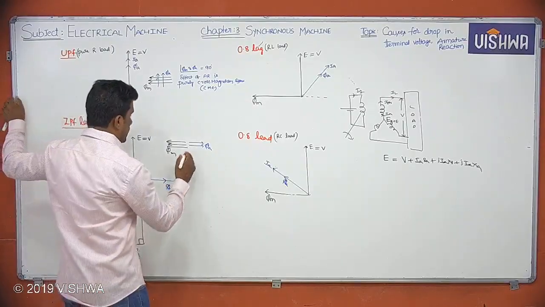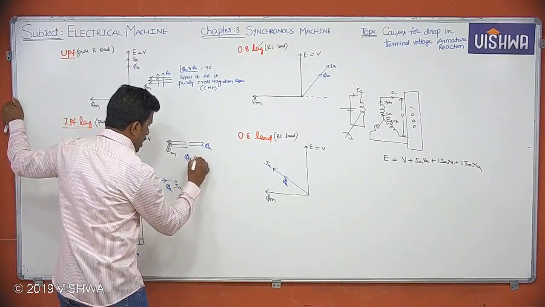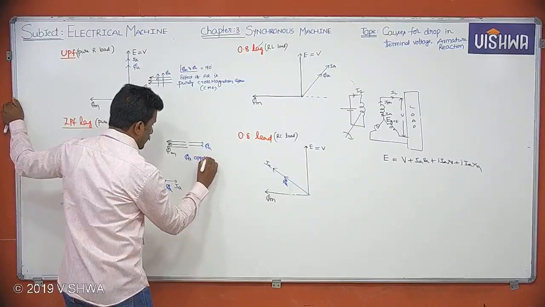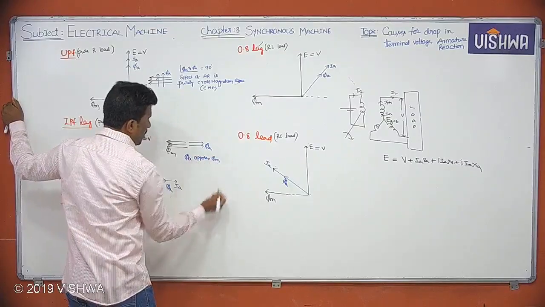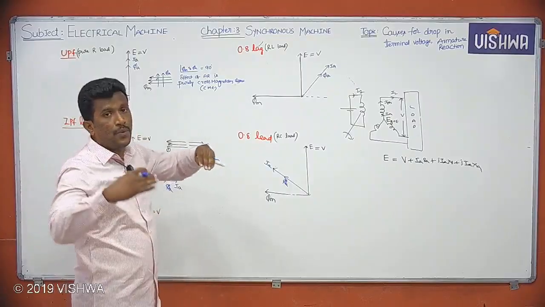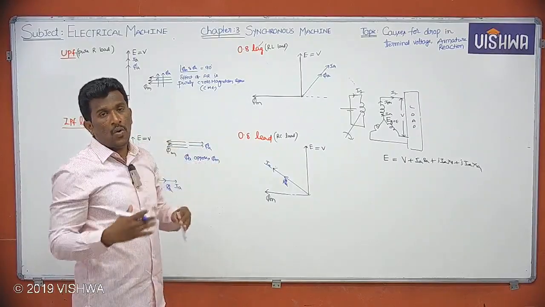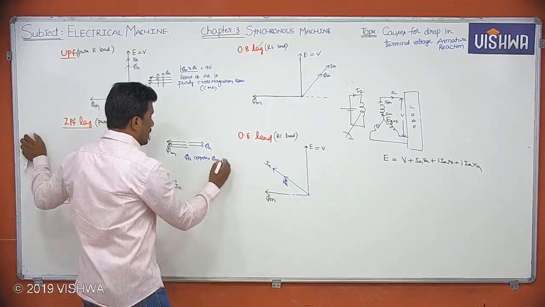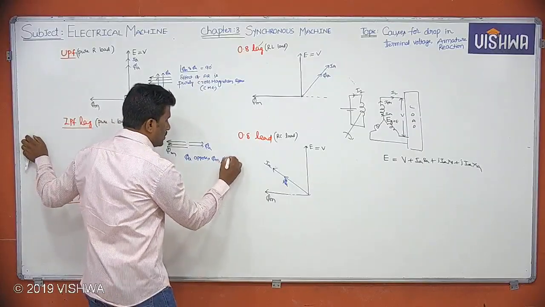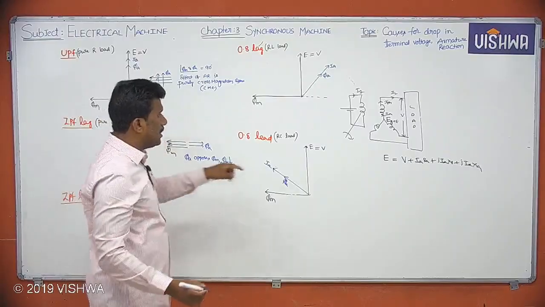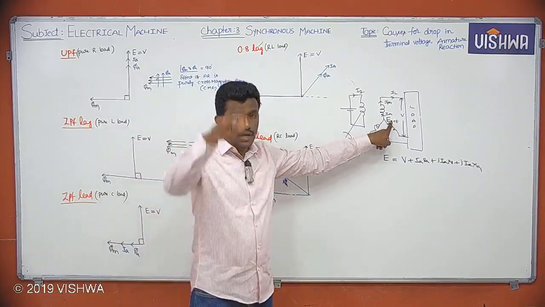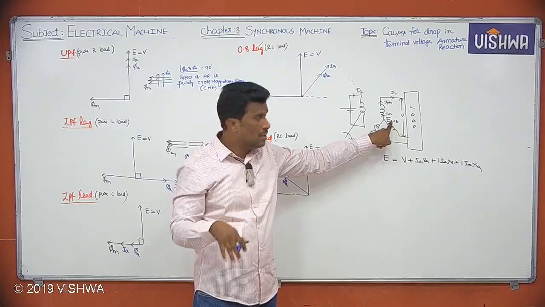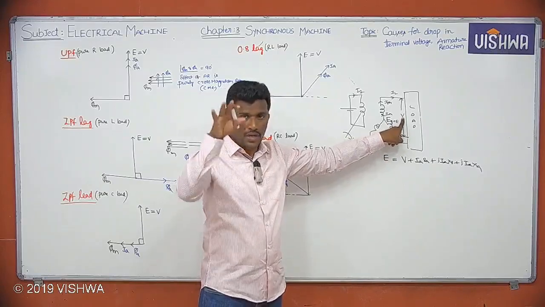So I can write simply here, phi A opposes phi M. Whenever armature flux is opposing your main flux, what will happen to your net flux? It will reduce. Phi A opposes phi M, net flux will reduce. Whenever net flux is reducing, obviously E will come down. E will reduce. What will happen to load voltage? V also will come down.